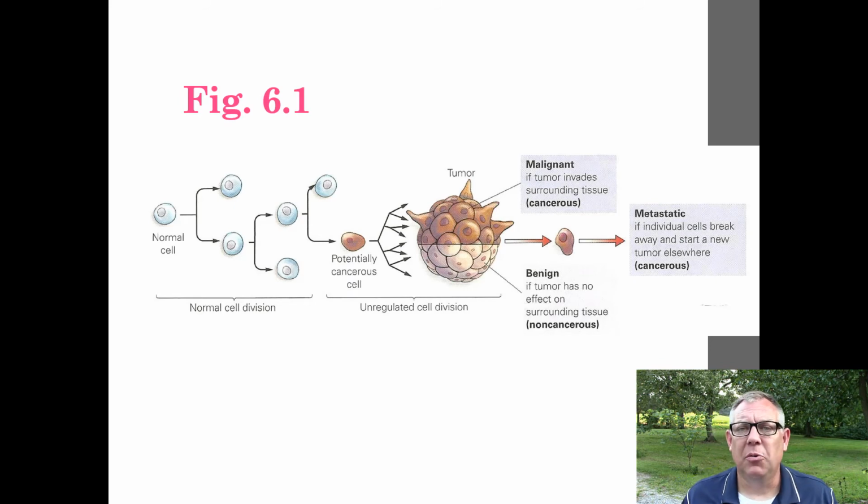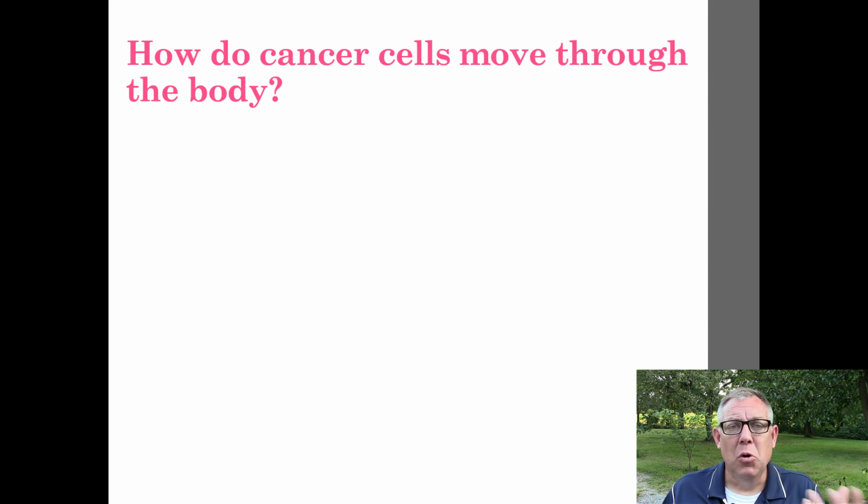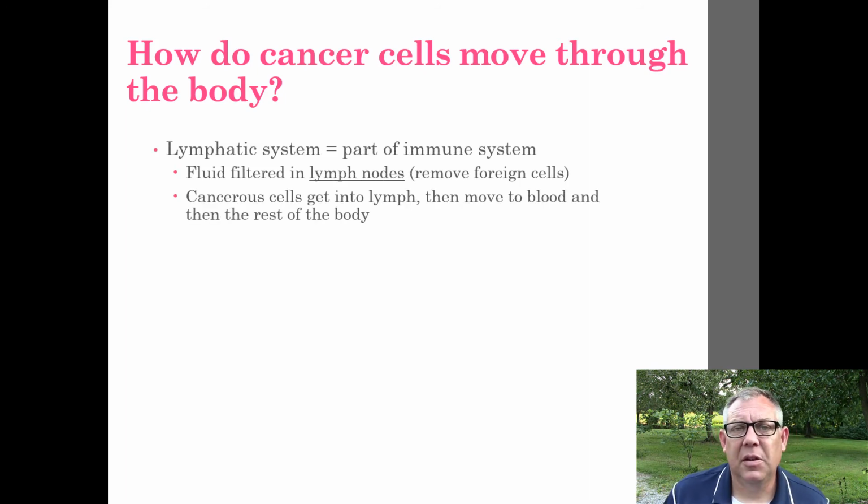So how do those metastatic cancer cells move through the body? What does that mean, that it can just move through the body? Well, it usually starts in the lymphatic system. The lymphatic system is part of your immune system. It takes fluid from around the cells, and it filters it and returns that fluid back to the blood.